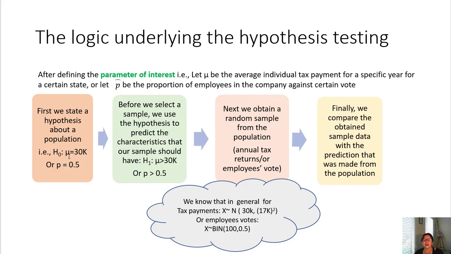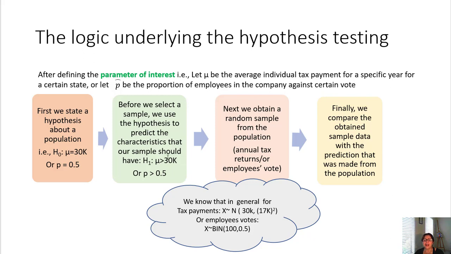Then in the null hypothesis, because we talk about the notion of no difference, we say mu is equal to 30k, which is the average wage for the general population. Then in the alternative hypothesis, if I'm talking about the average wage for this group being less than that, we put mu less than 30k.